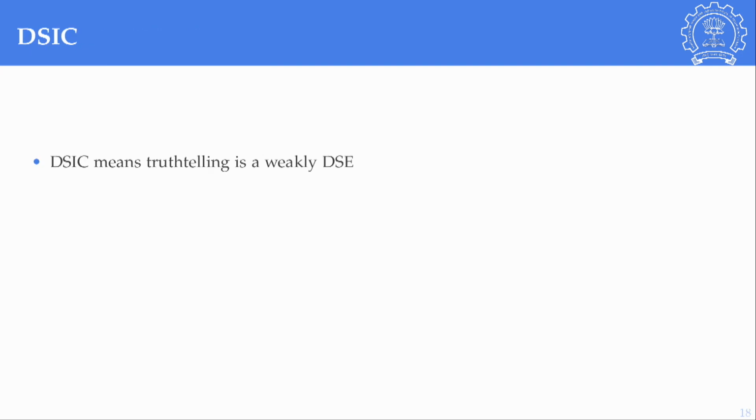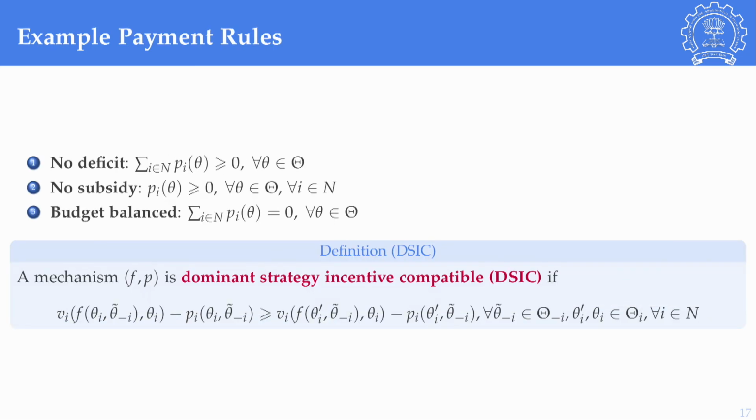Anyway, so this is just rephrasing the DSIC in the setup that we have discussed. So we just made this comment: what does dominant strategy incentive compatibility mean? It is saying that truth telling, that is reporting your type theta i in a truthful manner, is a weakly dominant strategy equilibrium. We have not said what weakly dominant is, because I have always written only weakly dominant strategy equilibrium. There is a stronger version, but let us not spend time on that. The whole point is that when you are reporting your theta i truthfully, that is going to be a dominant strategy equilibrium, and that is exactly what is happening here.